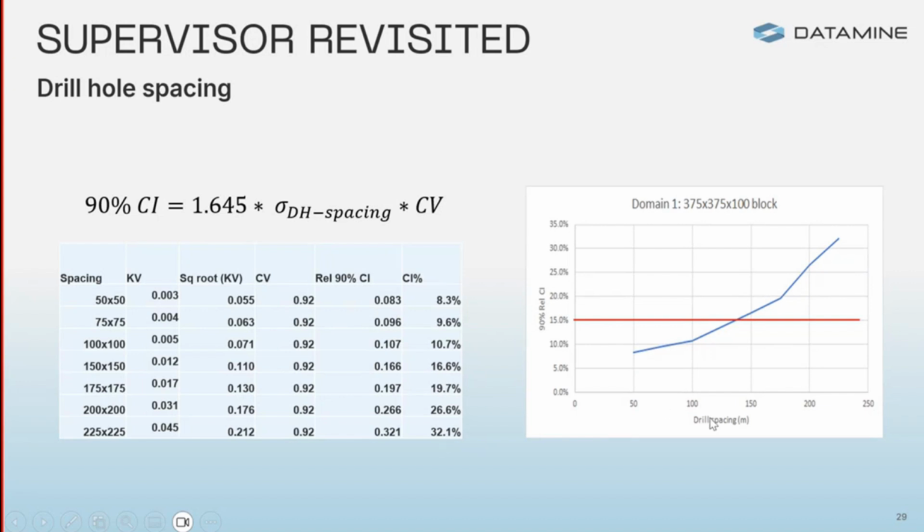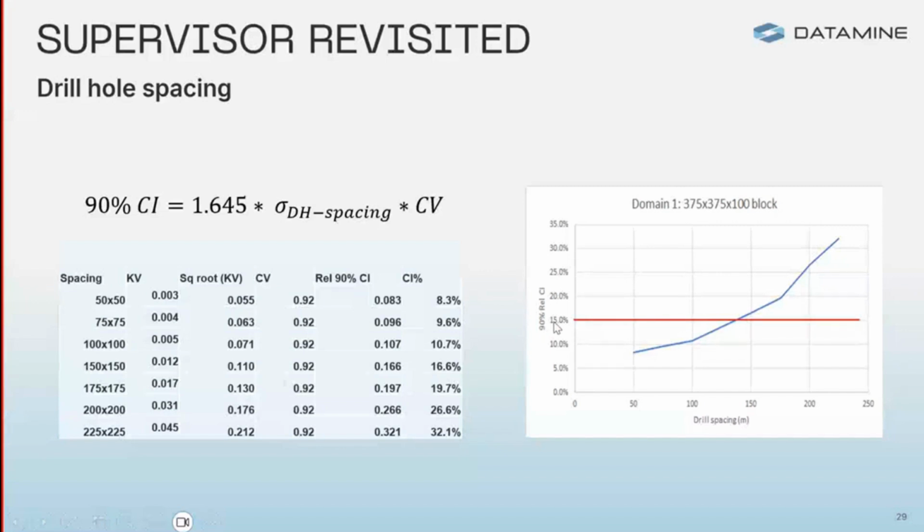So you can see that in this particular case, for drill holes on a 50 by 50, we are below the 15%. 100 by 100, we're getting there. Probably for 100 by 150 or 150 now, we are above this threshold.